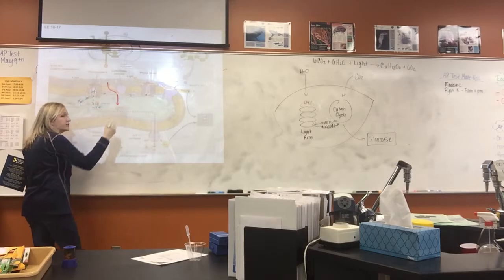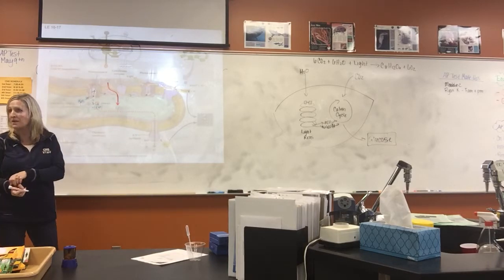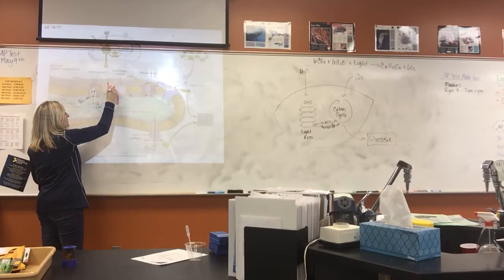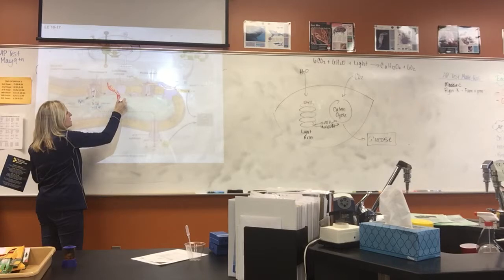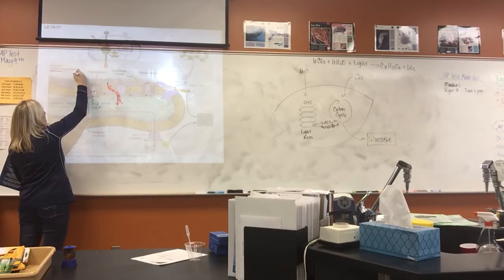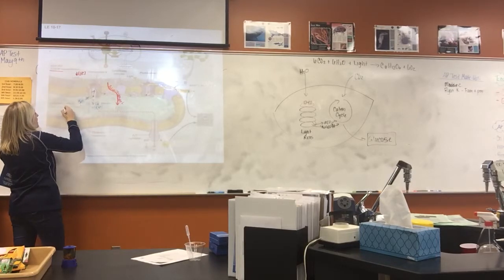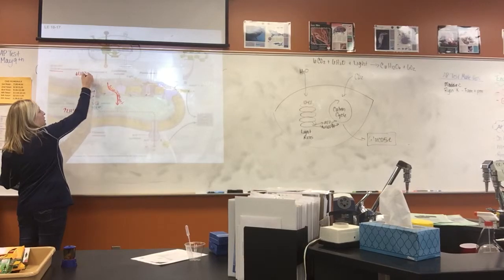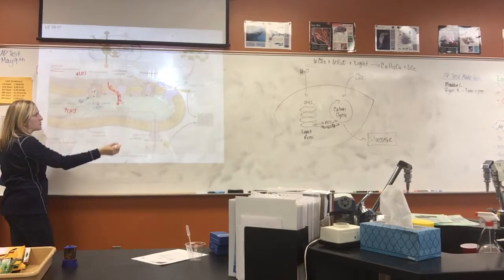So when I say the word pump, that means that it's active transport. It requires energy. So I'm going to write active transport here. Why is it active transport? Because, look at here, low H plus concentration outside the thylakoid, high H pluses in the thylakoid. So it's going from low to high, which requires energy.